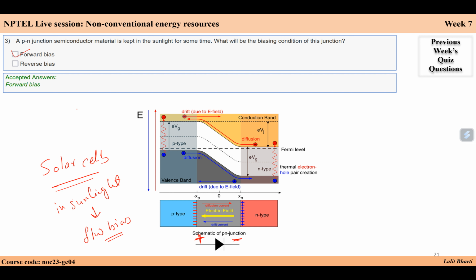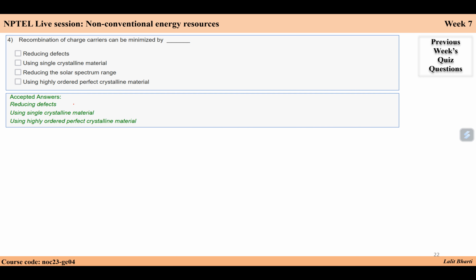That is correct. The fourth is recombination of charge carriers can be minimized by. So charge recombination is not in the interest of solar cells. We have discussed it in the photocatalyst cells, but here we are talking regarding the solar cells.